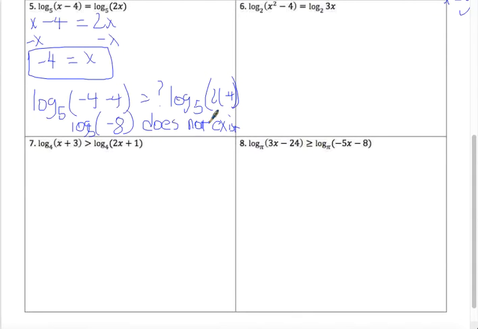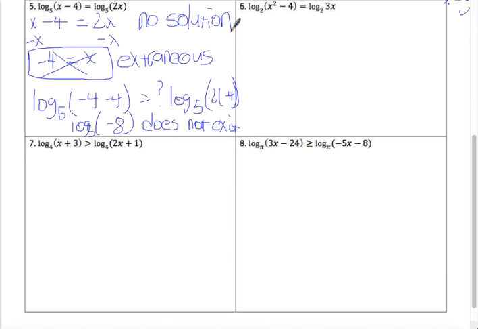So this solution is actually extraneous. And the answer here is no solution. So even with these two log equations, we have to check for extraneous solutions.